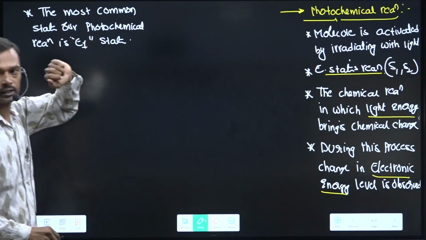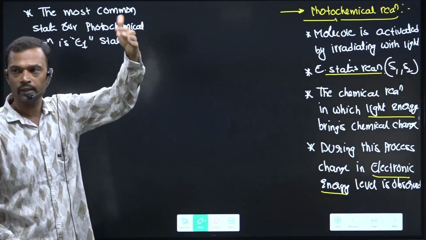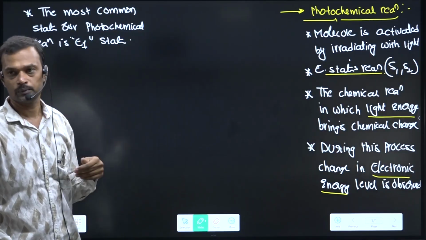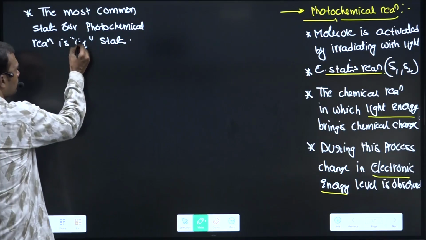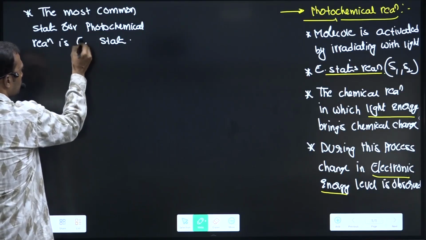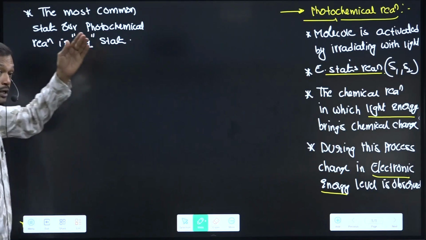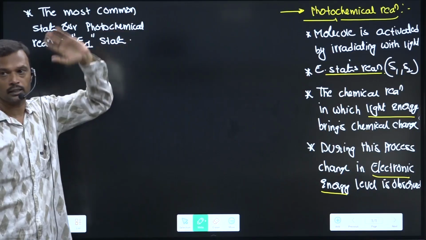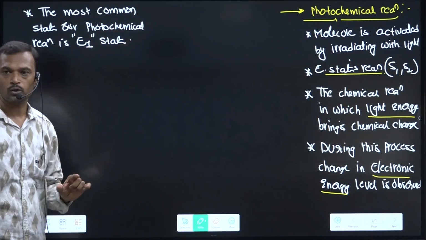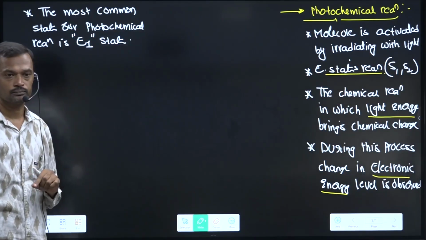E1, E2, E3, how many are there? Many. Out of all excited states, E1 has more stability and more lifetime. E1 photochemical reactions are very common, remember. E1 state reactions are different, E2 different, E3 like that. But the maximum number of molecules will give products at the E1 state only.